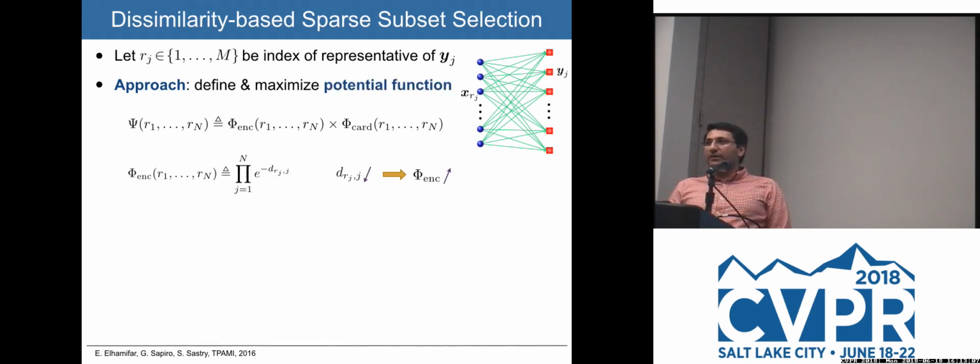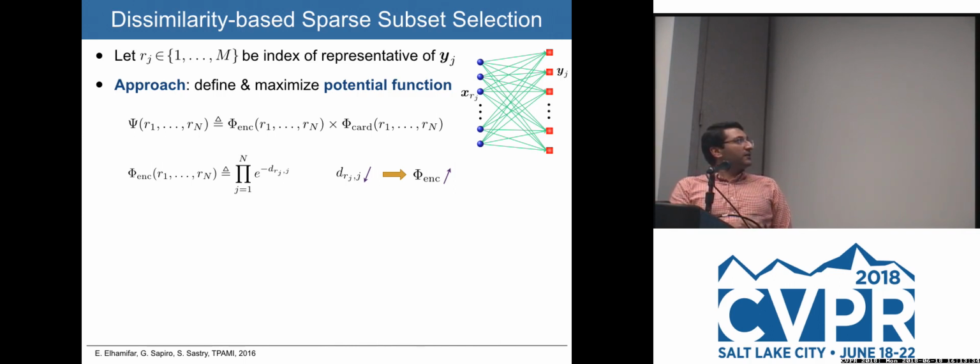For the encoding, since each point j is going to be assigned to one representative, we can factorize this potential function as a product over each of the elements from the target set. So we have the product of n potential functions, where each potential says how well rj represents j.